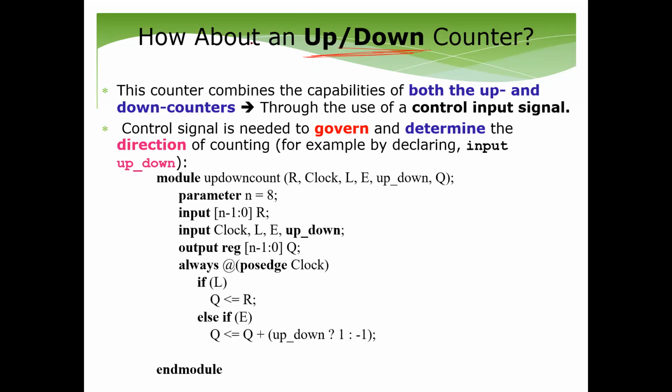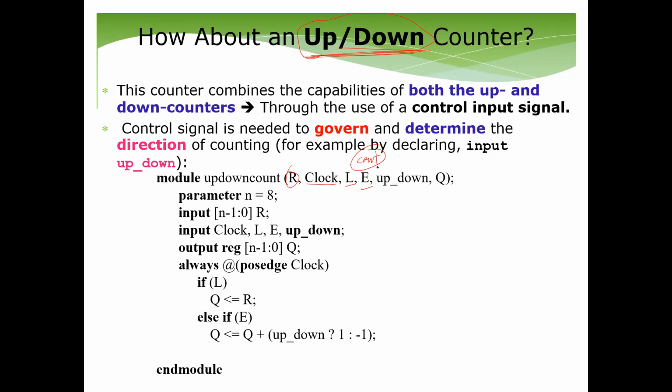So for an up-down counter, meaning I need to add a signal to indicate whether you want to count up or count down. Take the same signals from before. I have the input R for the load, clock of course, L to indicate if you want to load or not, E which is count.